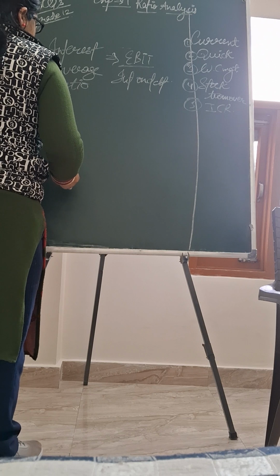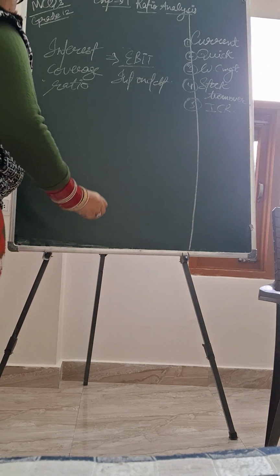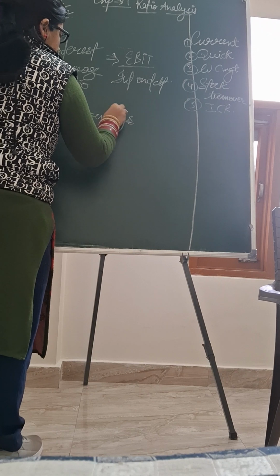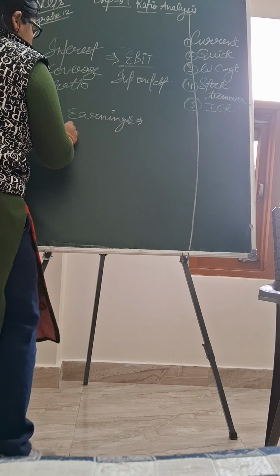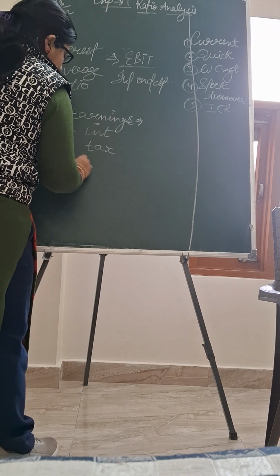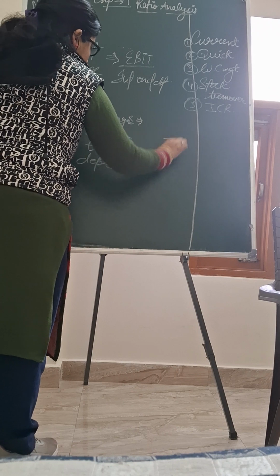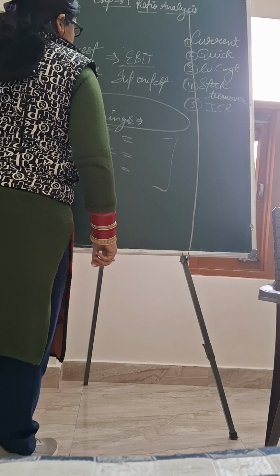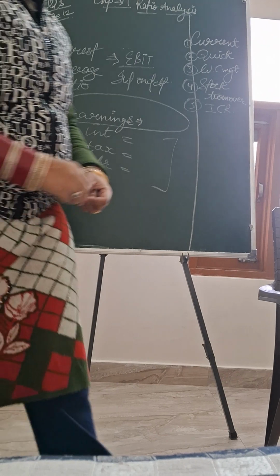When we are calculating the earnings in a cash flow statement or in a fund flow statement or in a balance sheet, suppose these are the earnings before interest and tax. After earnings, what do we minus? Interest. After that we minus tax. After that we minus depreciation. Right? This is the sequence. But which earnings are we taking? We are taking earnings before interest and tax in case of interest coverage ratio. Right?